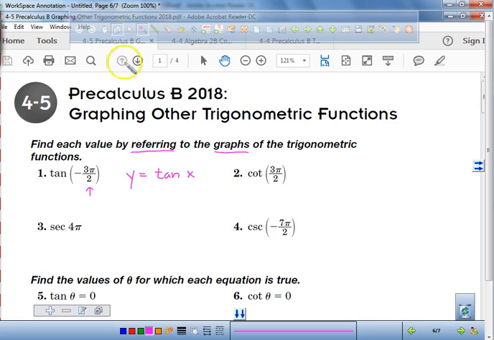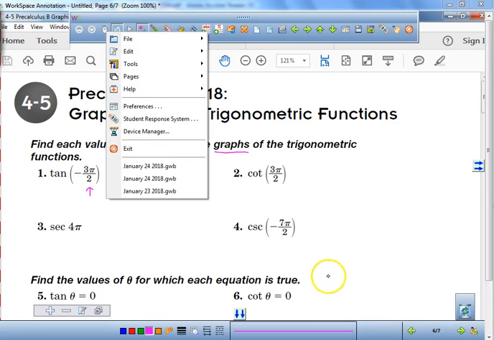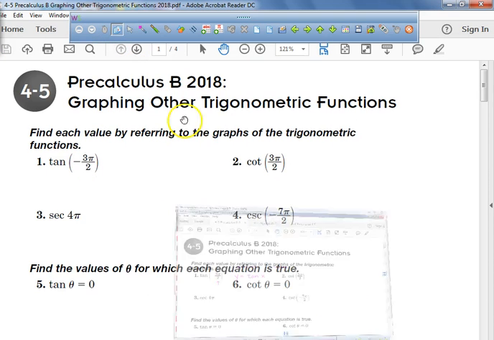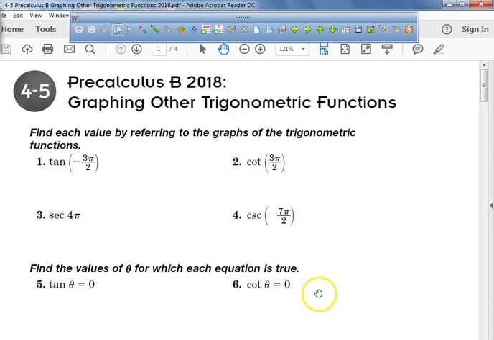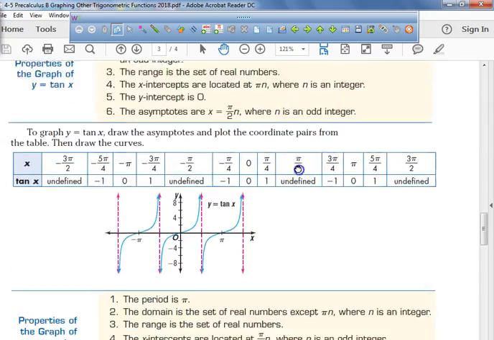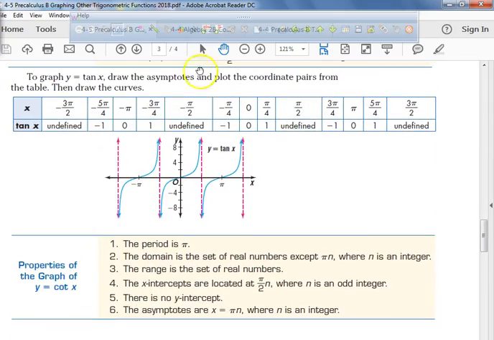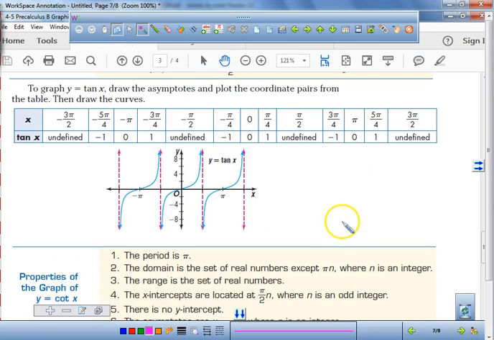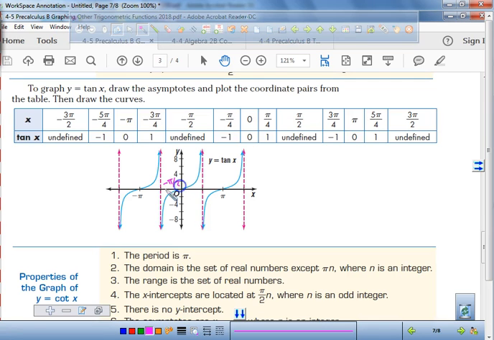So let's look at the graph. Hold on. Let's look at our graph. Scrolling down. Okie dokie. So here's our graph. This is at 0. This right here is at negative pi over 2.